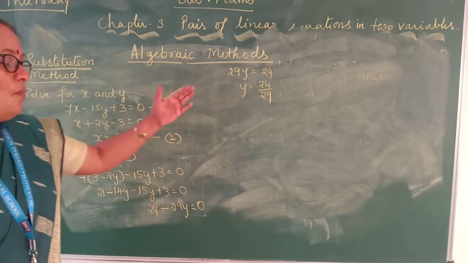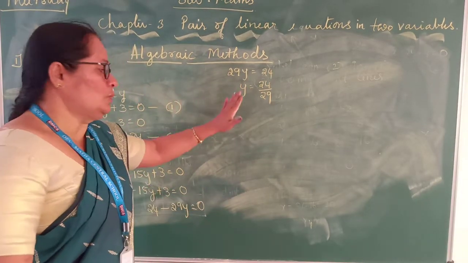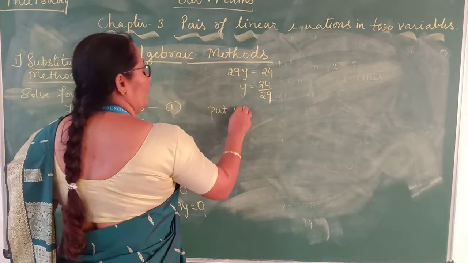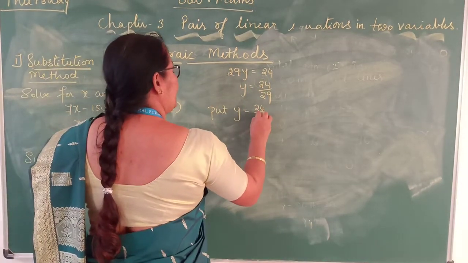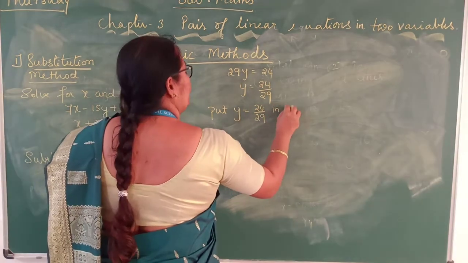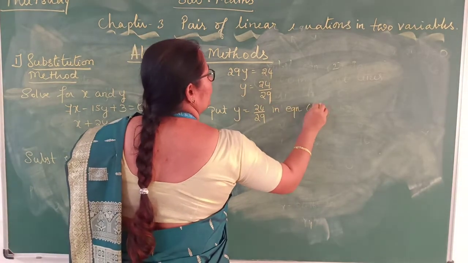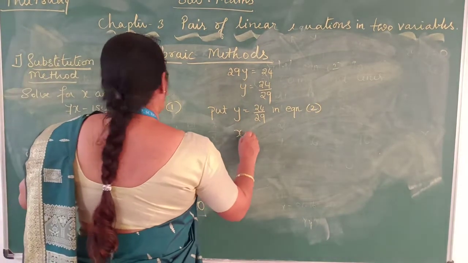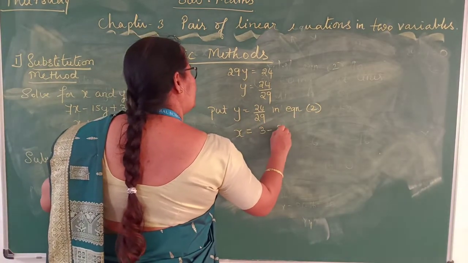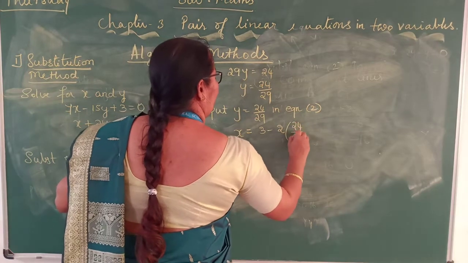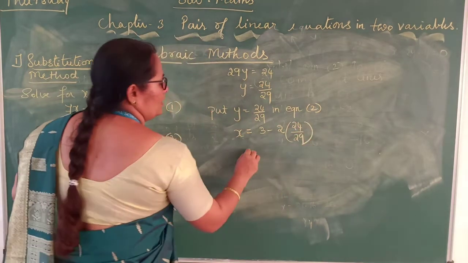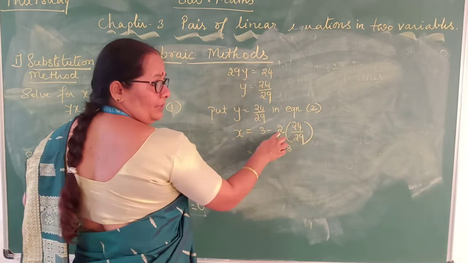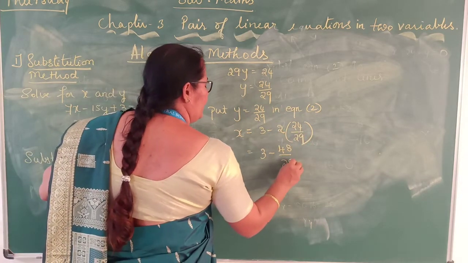This is the y value. Now substitute y equals 24 by 29 in equation 2. So x equals 3 minus 2y, that is 3 minus 24 into 2, which is 48, divided by 29.